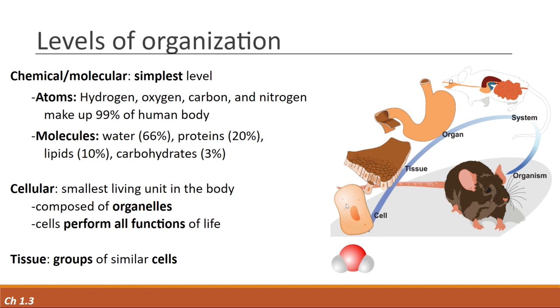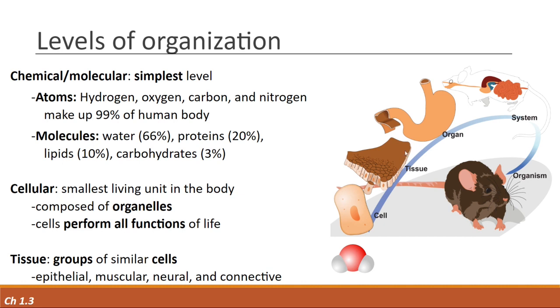But in a larger organism such as ourselves, these cells are actually organized into tissues. A tissue is a group of two or more cells that perform a similar function. So we'll learn in this course about different types of tissues: epithelial, which are our coverings, the muscular tissues, remember skeletal, cardiac, and smooth muscle, your nerves, and also connective tissues.